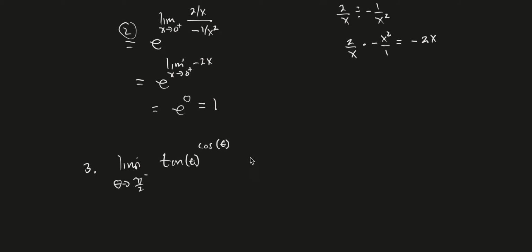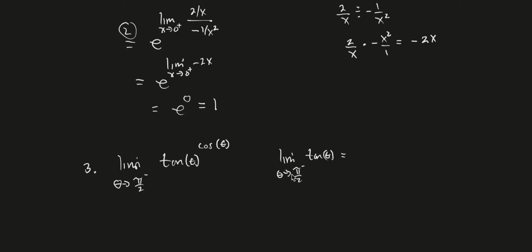Okay, so let's see what happens to the tangent of theta as theta approaches pi over 2 minus. So the limit as theta approaches pi over 2 minus of tangent of theta. Going back to properties of tangent, we know that the tangent has infinite discontinuities or vertical asymptotes at every odd integer multiple of pi over 2.